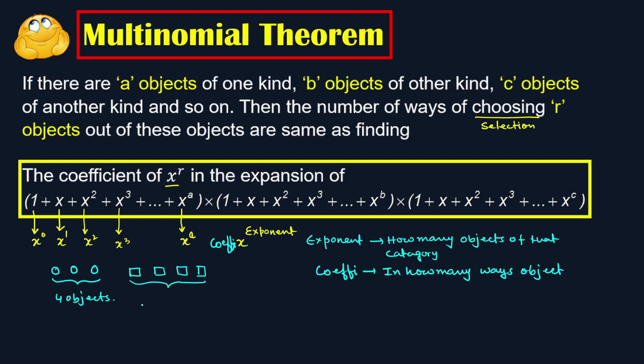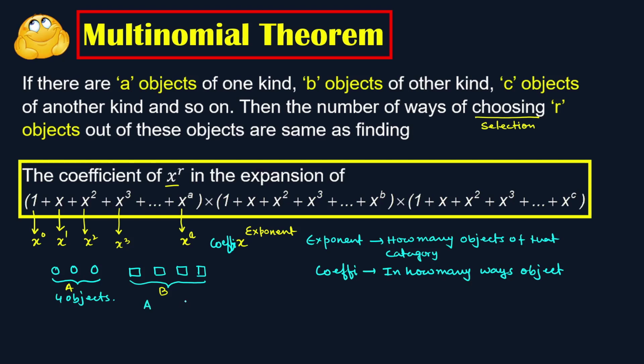We will find out the different cases. Let us say this group be A and this group be B. Now, let me consider what are the possible cases where we can select only 4 objects.